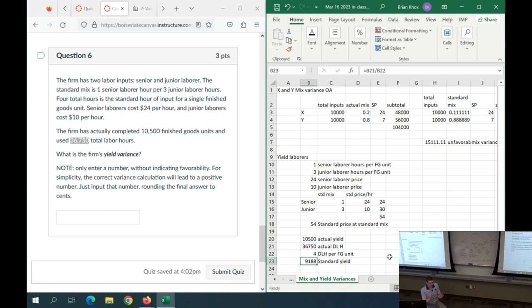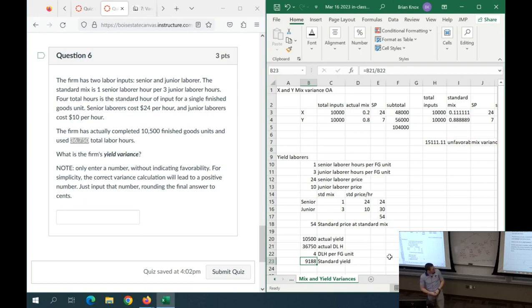So what that means is, if you just presented to me your work at the end of the day, and you said, well, we used 36,750 total labor hours, and it takes us 4 total hours of inputs per finished goods unit, then I would expect, for that amount of labor hours, you to have 9,188 finished goods units to show me.